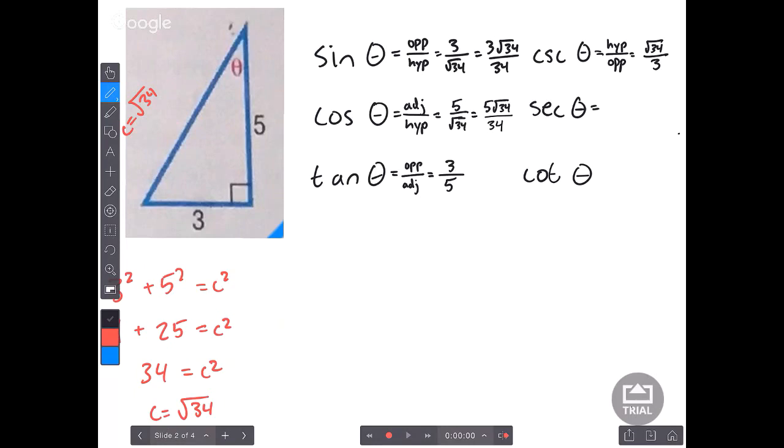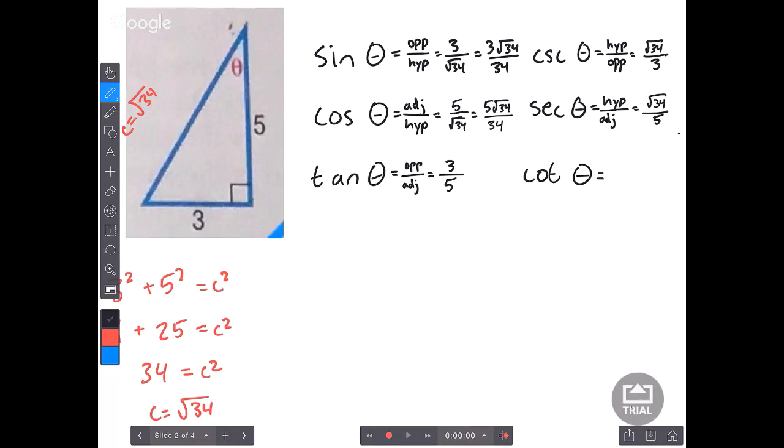And the secant of theta is the reciprocal of the cosine. So it is hypotenuse over adjacent, and it is root 34 over 5.